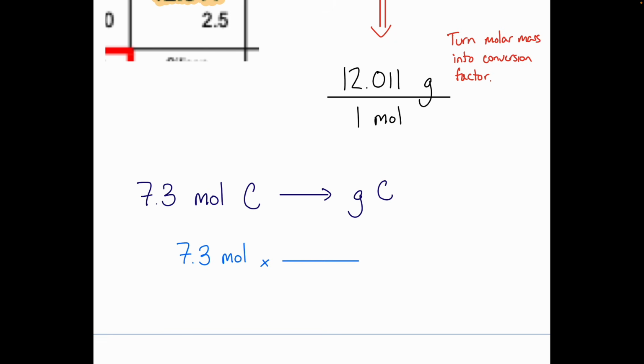Now I'm going to take this molar mass and multiply so that moles are on the bottom and the units that I want, the grams, are on top. Punch this into my calculator, 7.3 times 12.011. Turns out that my mass here would be 87.6803. Those units, moles, cancel out, leaving me with units of grams.